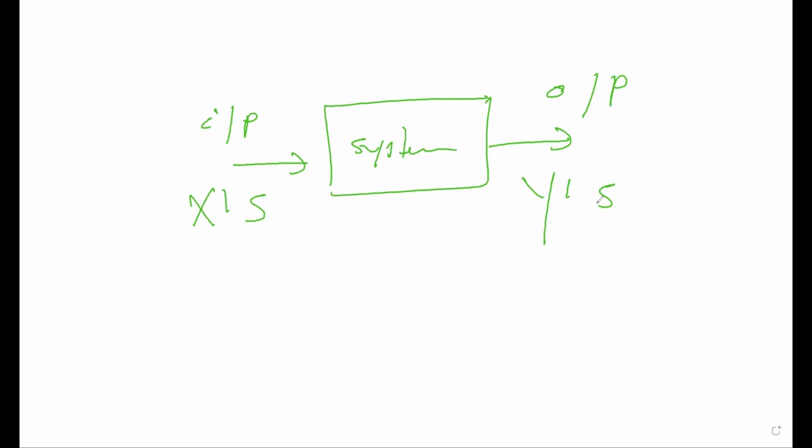In our example, in the forecasting system or simple linear regression, in the input there is the array of x's, and in the output there is the array of y's. So x's are the input values, and y's are the output values. Okay?